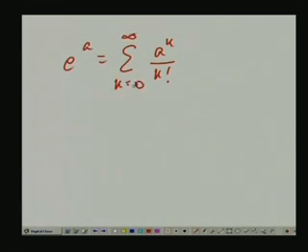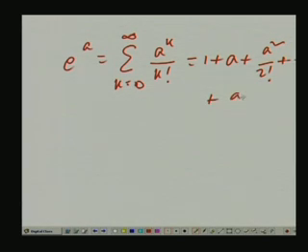E to the power a, which I stated a while back, is equal to the sum of a to the power k divided by factorial k, k from 0 to infinity, which is equal to 1 plus a plus a square by factorial 2 plus and so on, plus a to the power k by factorial k plus and so on.